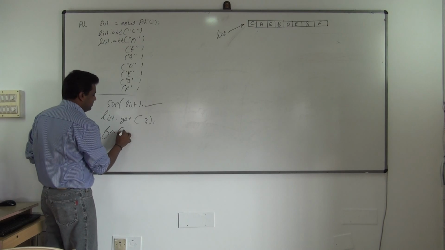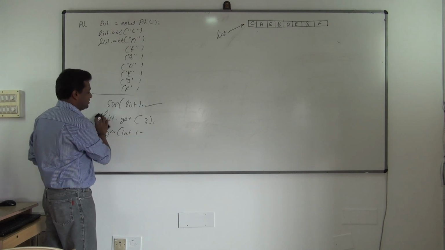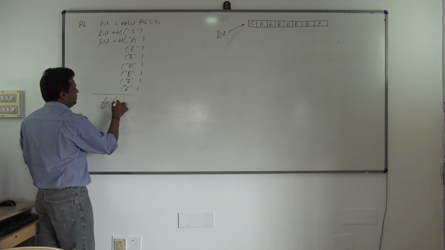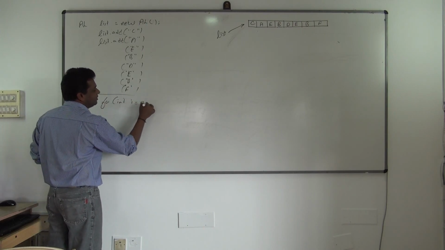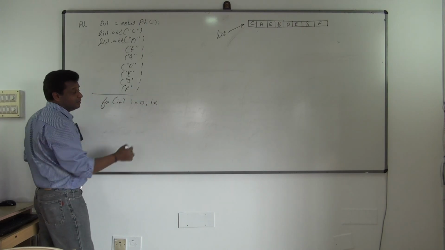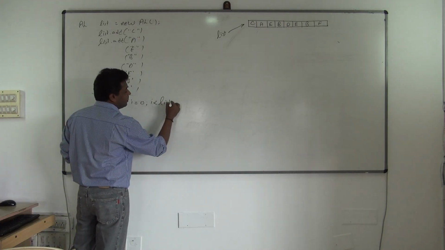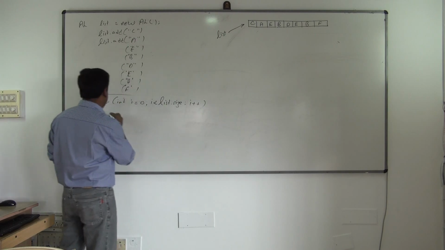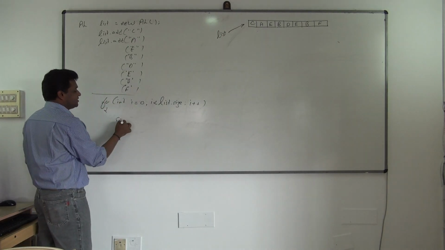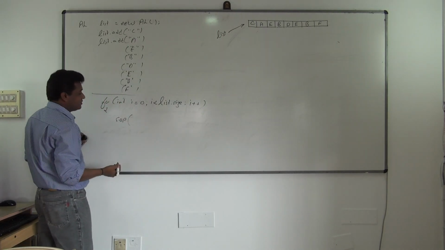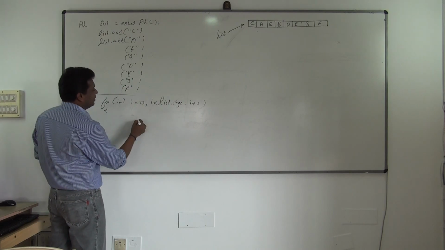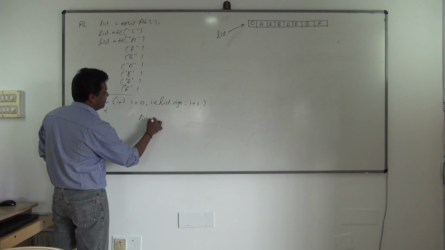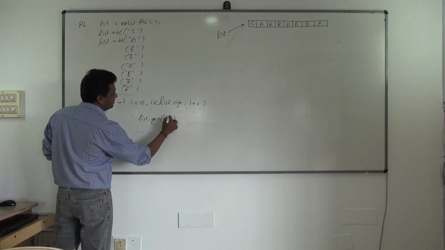For int i is equal to 0, i less than list.size, i plus plus. Here I'll print, but you're accessing one by one now. Yes, so you can get it here. I'll get list.get of i.